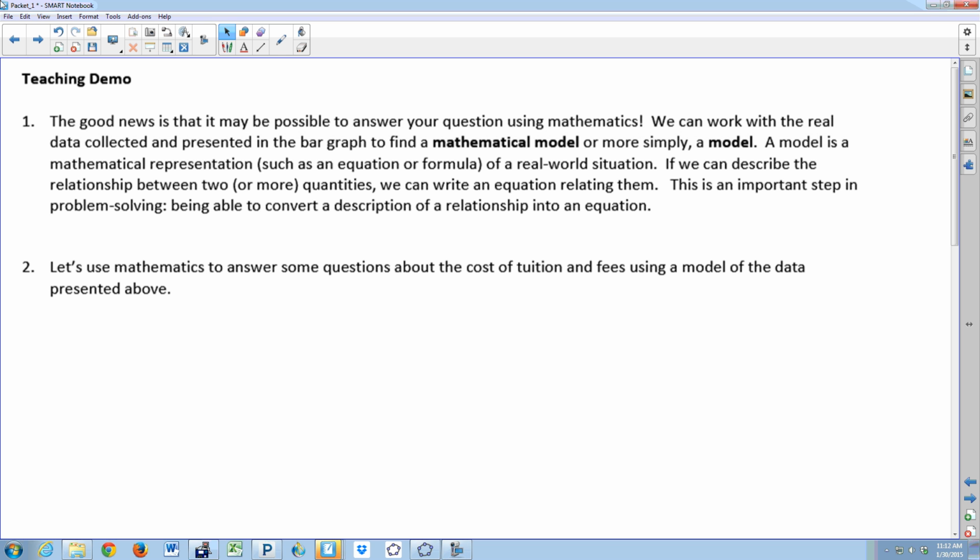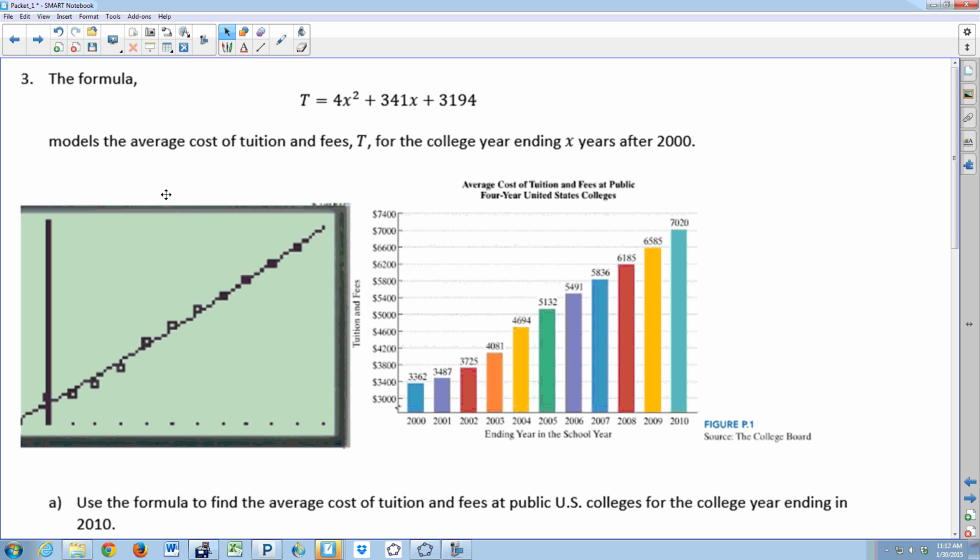So let's use our model. The author gave us this model right here. He said we can estimate or closely describe the cost of tuition and fees with this model: 4x squared plus 341x plus 3194, where x is the number of years after 2000.